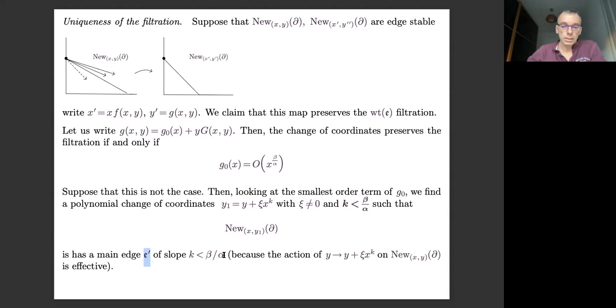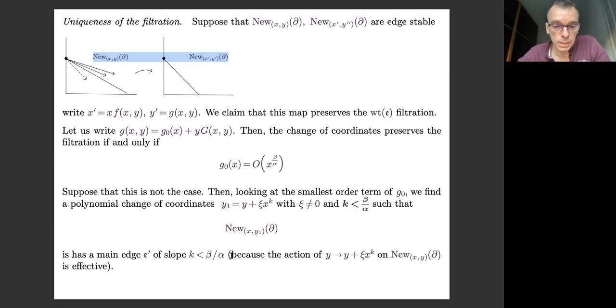So it has an edge of slope k, which is strictly smaller than beta over alpha. Why? Because this is a very simple computation. This corresponds to sliding along this dashed arrow that I've shown you here. When you make a change of coordinates corresponding to y goes to y plus xi times x to the power k, it will necessarily create an edge of slope k.